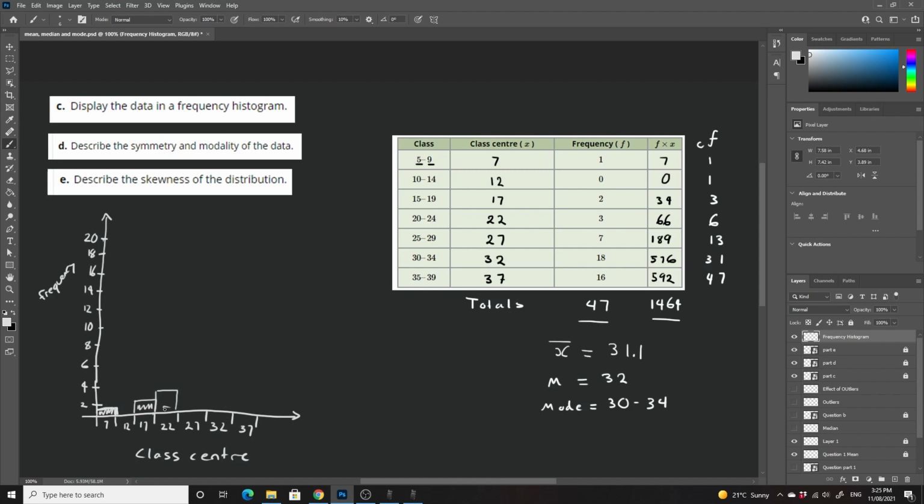So as you can see, I've kind of left myself very little room here, so this is not ideal. And then we have 27, which has 7, so we'll go across here. And then 32 has 18, so roughly here, and then the other one has 16.